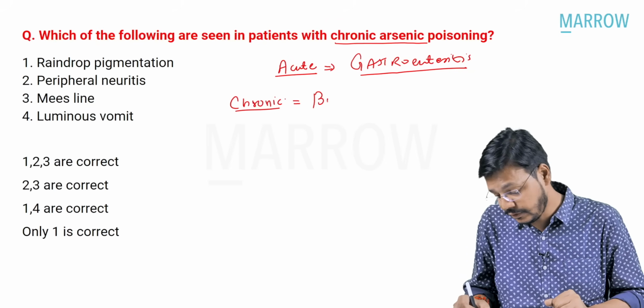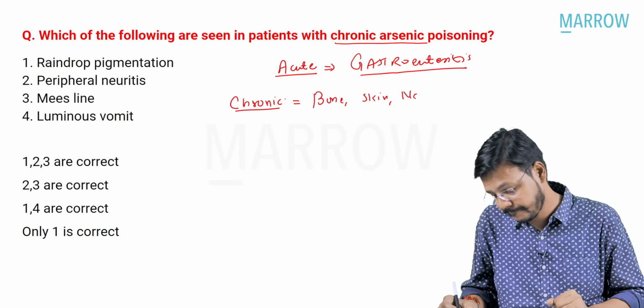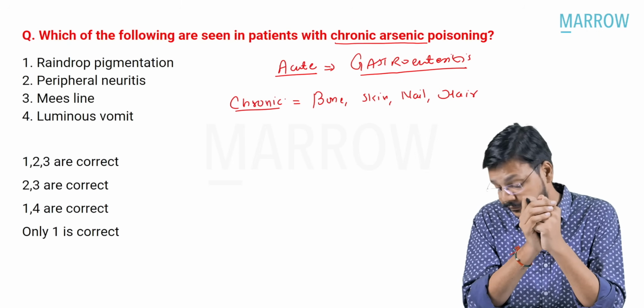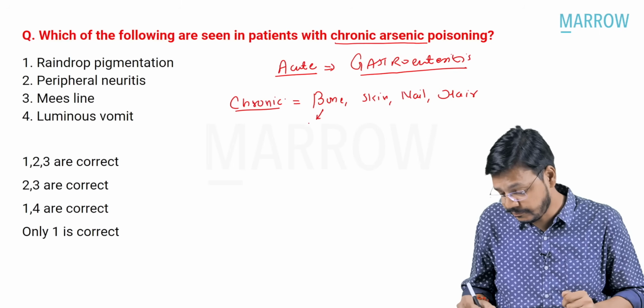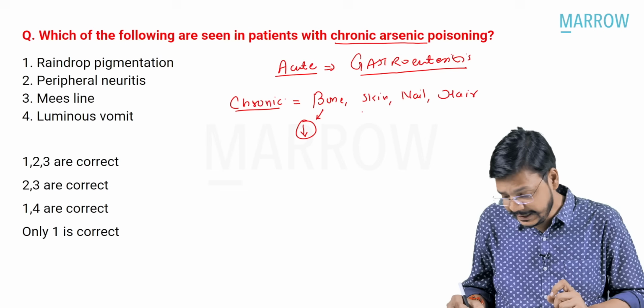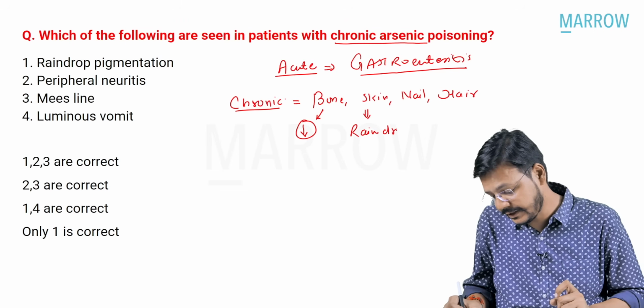It mainly involves bone, skin, nail, and hair. It causes bone marrow depression, simple. In skin, it causes raindrop pigmentation.